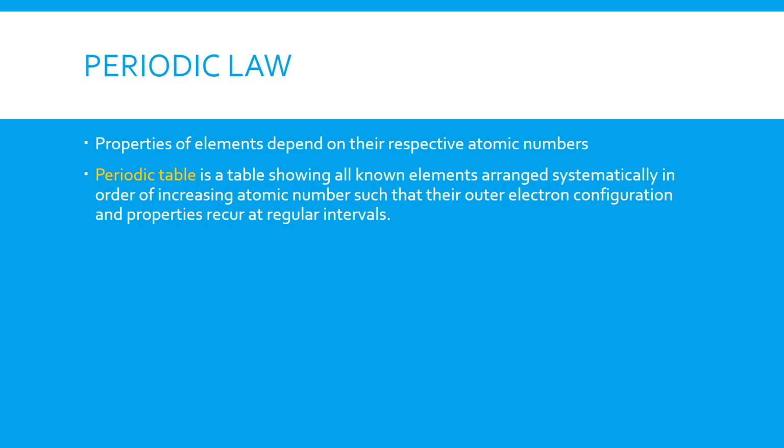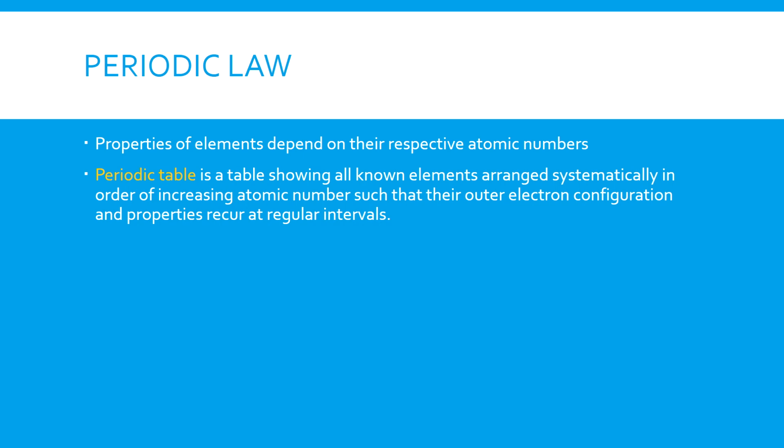Now we are going to an important aspect called the periodic law. This law states that properties of elements depend on their respective atomic numbers. It means that the physical property of a certain element is based on its atomic number.